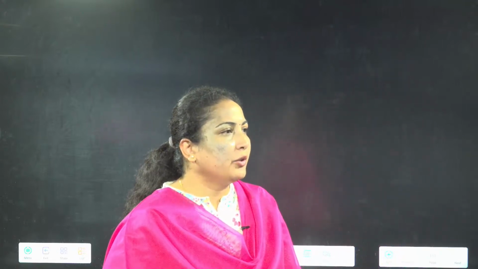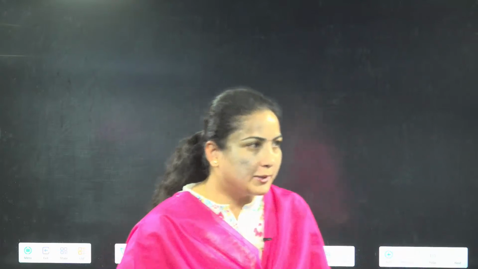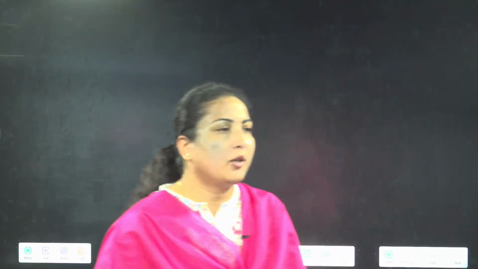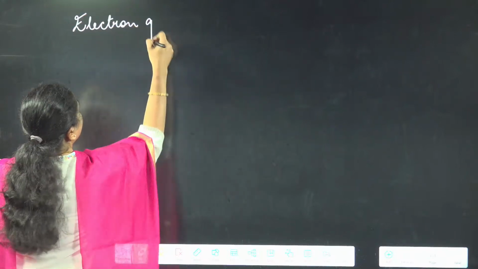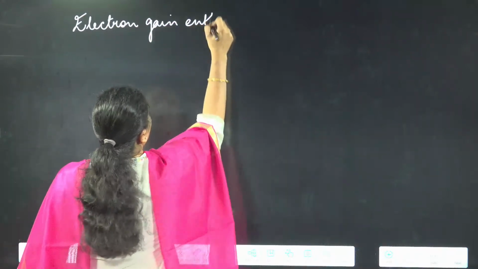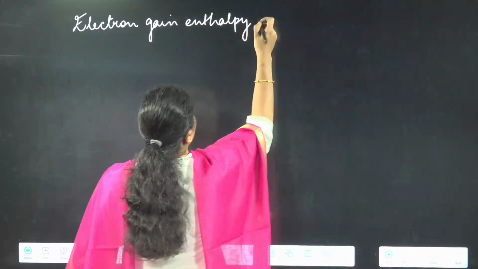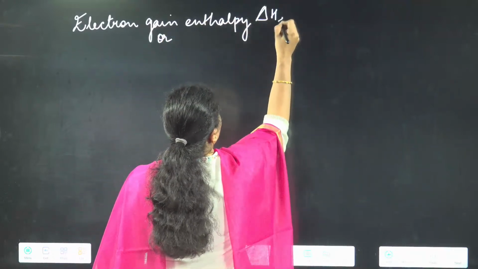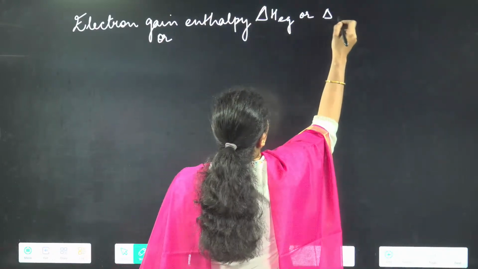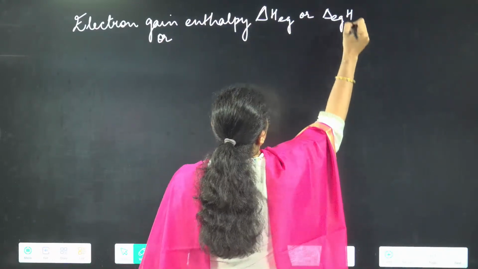Okay. So today we are going to start off with the next property, which is electron affinity, or else the electron gain enthalpy. So let us start this session. We are going to start off with electron gain enthalpy, which I'll be denoting as delta HEG, or sometimes in many books you might even find it as delta EGH.